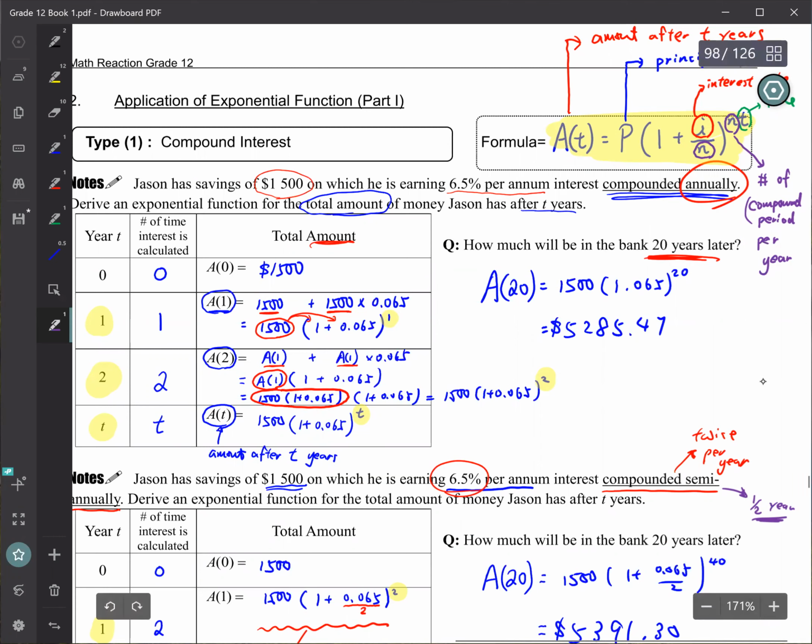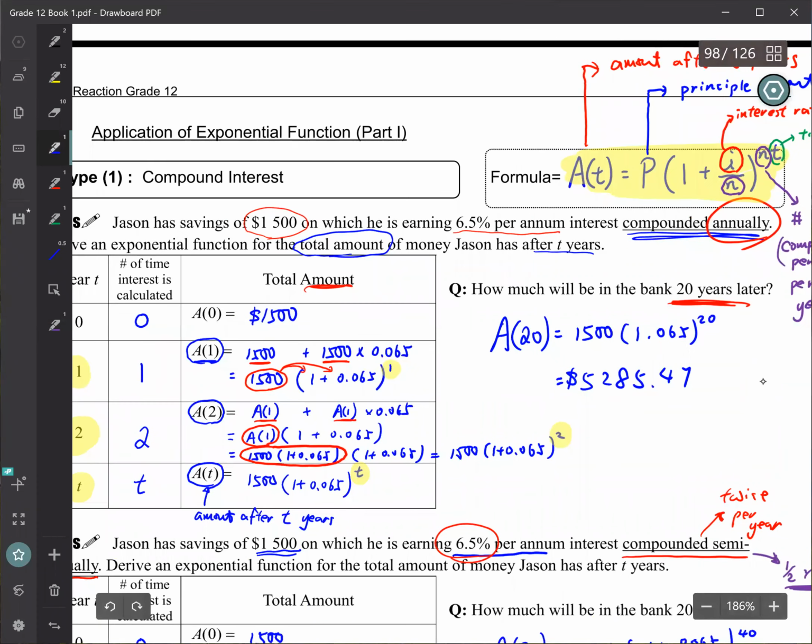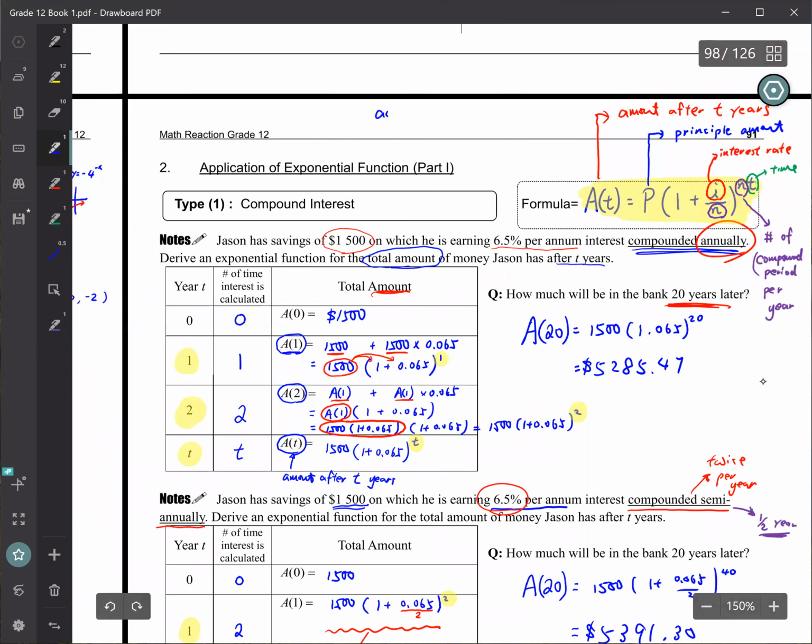Okay, so you have a couple terms here. So we need to write that down, okay? So for example, you get annually, n is 1. Semi-annually, n is 2, okay? We have quarterly. Quarterly means every 3 months.